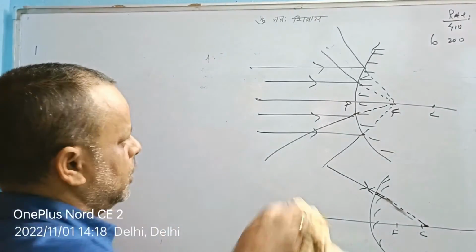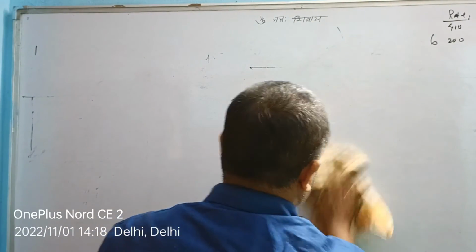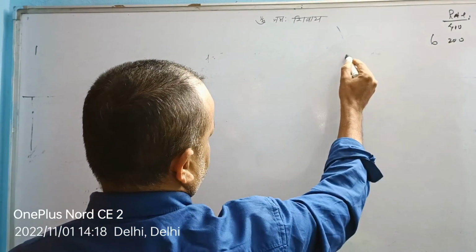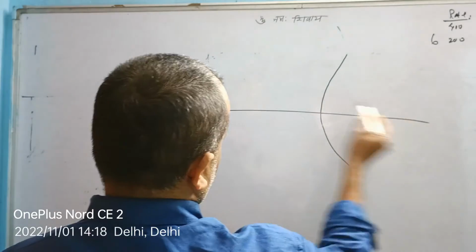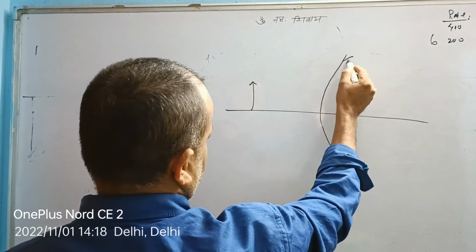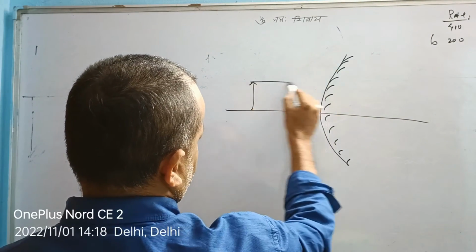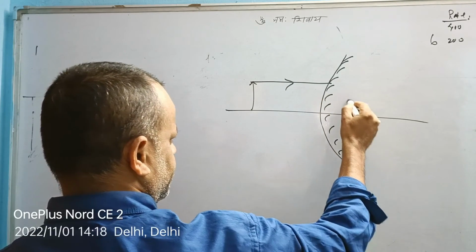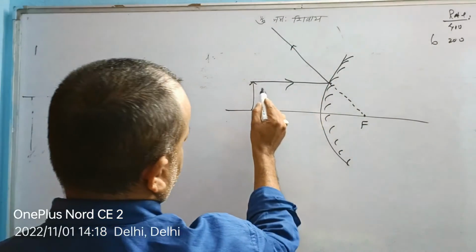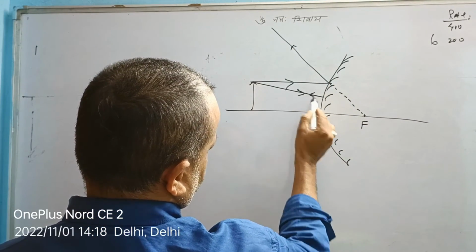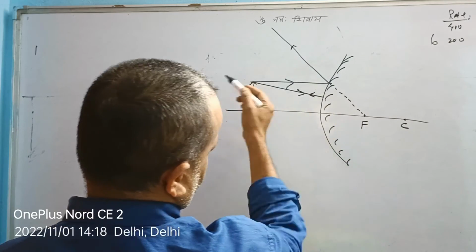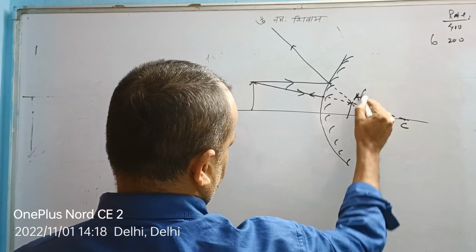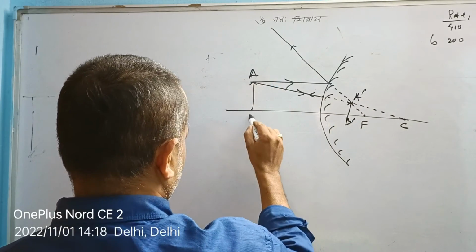Now for the convex mirror, there is only one case. Whatever the position of the object, it will always form a virtual, erect and diminished image. When the object is placed in front of the convex mirror, the ray appears to be diverging from the focus, and another ray directed toward the center of curvature retraces its path. We draw the dotted lines, and the image is formed over here, P dash, this is the object.